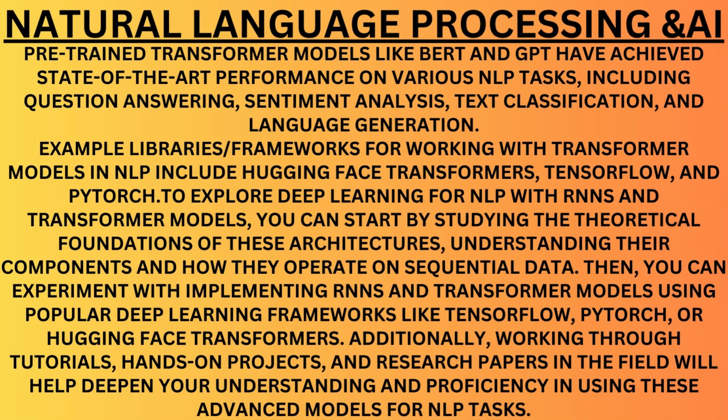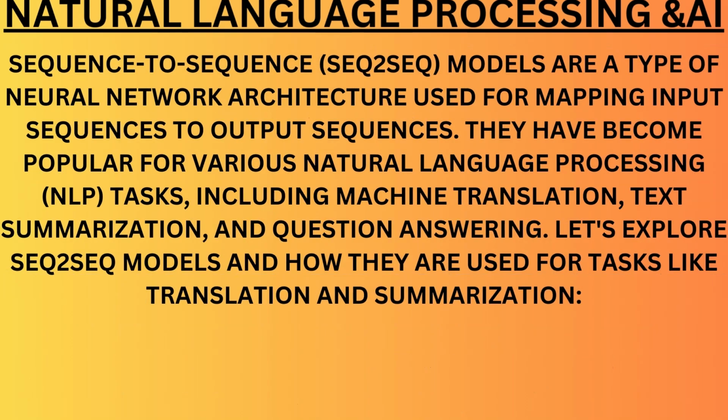Then, you can experiment with implementing RNNs and transformer models using popular deep learning frameworks like TensorFlow, PyTorch, or Hugging Face Transformers. Additionally, working through tutorials, hands-on projects, and research papers in the field will help deepen your understanding and proficiency in using these advanced models for NLP tasks.